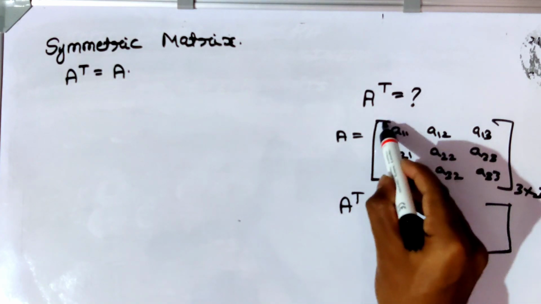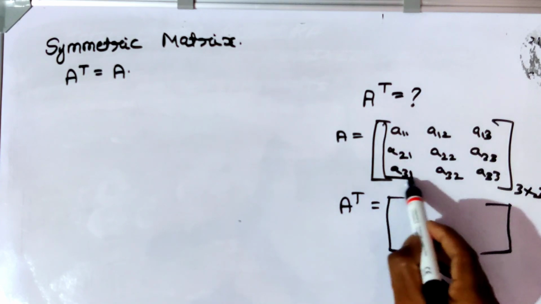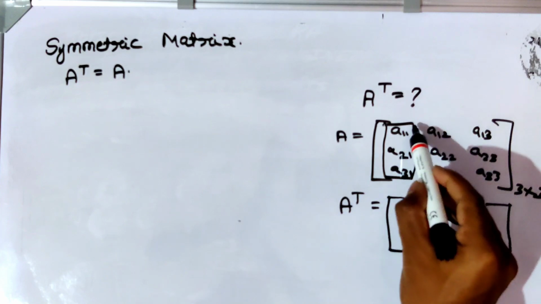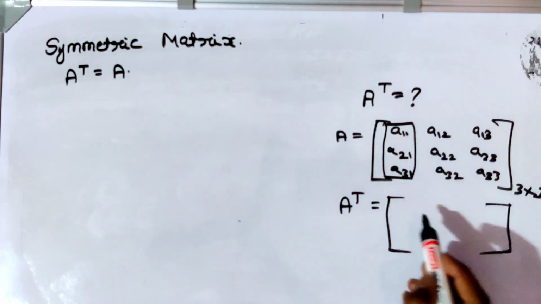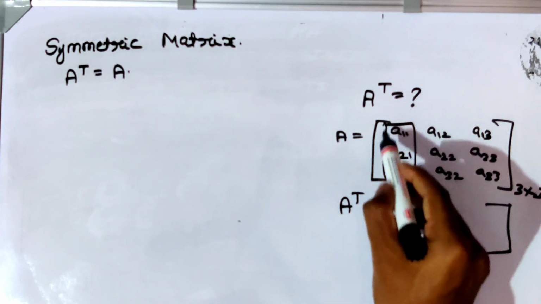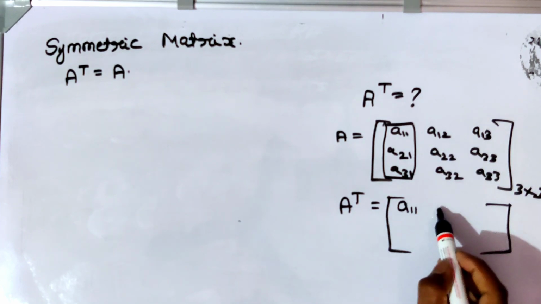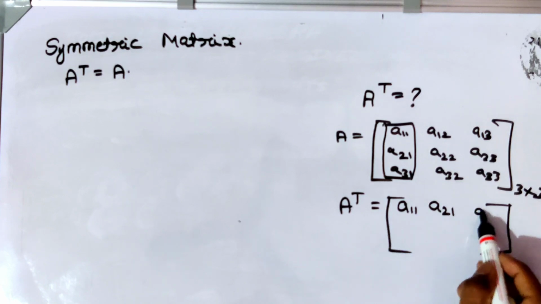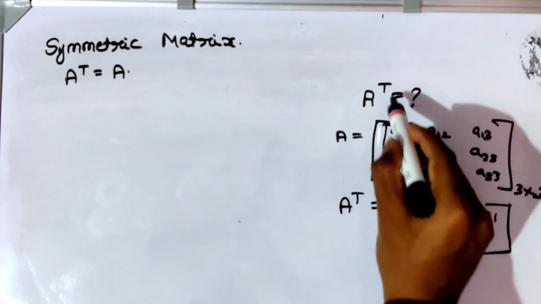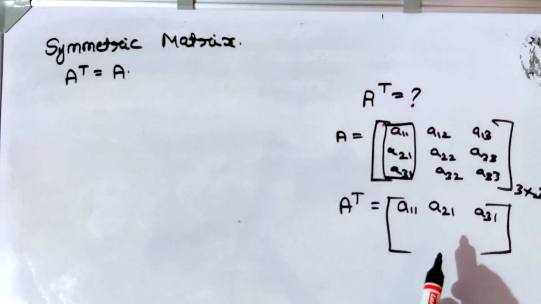See here. This first column is written as the first row: A11, A21, A31. So all the columns and rows are interchanged.